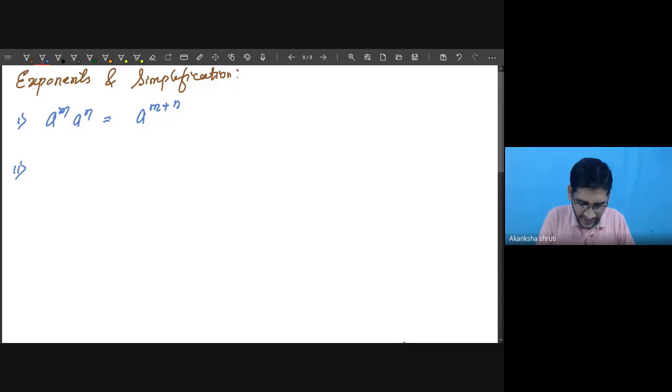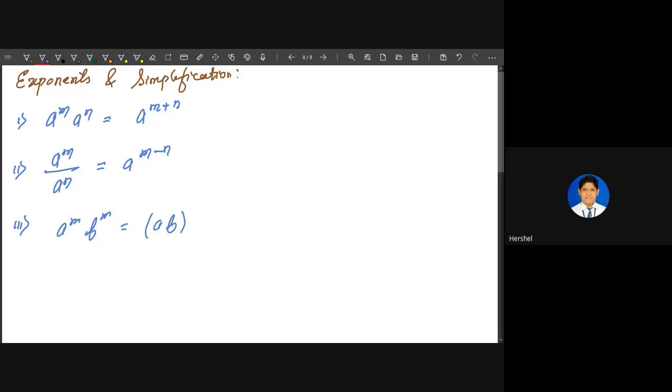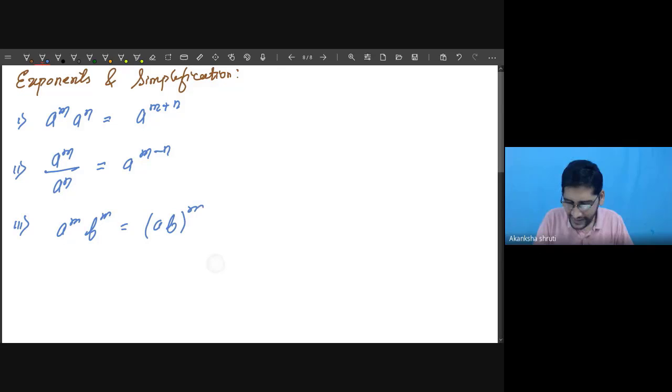Good. The next one is a to the power m divided by a to the power n, which is a to the power m minus n. Good. The next one: if we have a to the power m and b to the power m, we can write this as a into b whole to the power m. Okay, student.